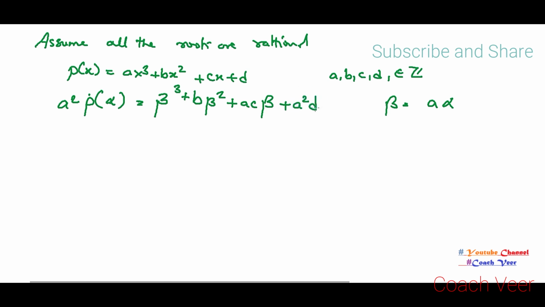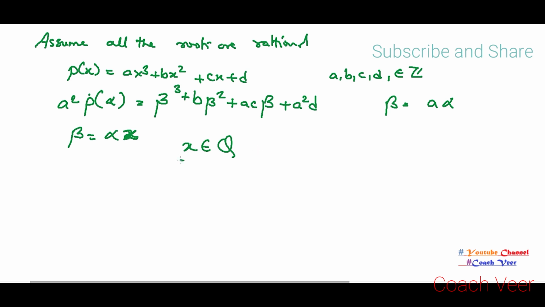Now we got this. After that it's up to you whether, like we said, beta is equal to alpha times a or a times alpha, anything you can write, or x. Let me write x. So x belongs to Q, that is what we are letting rational.